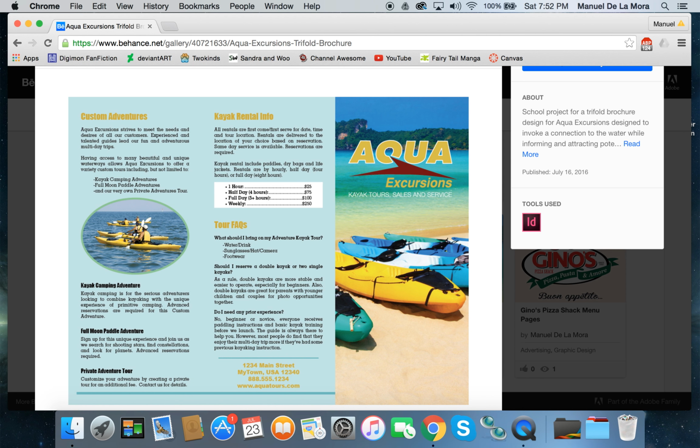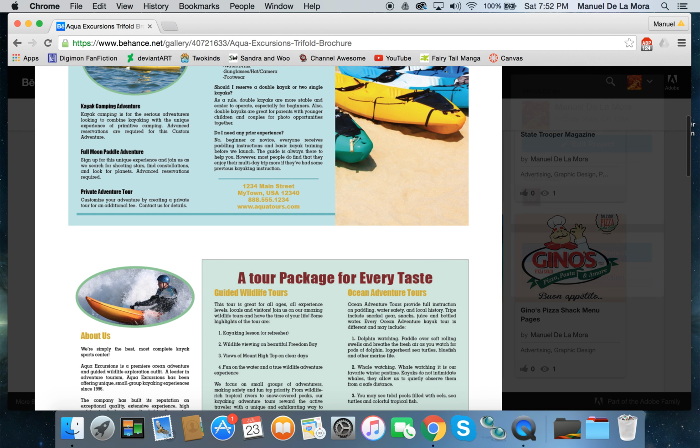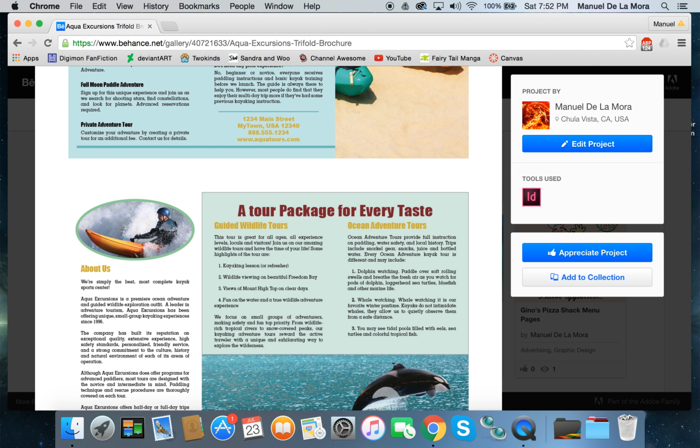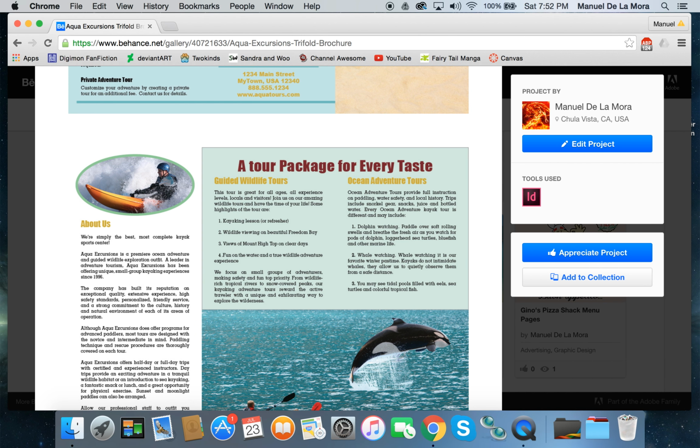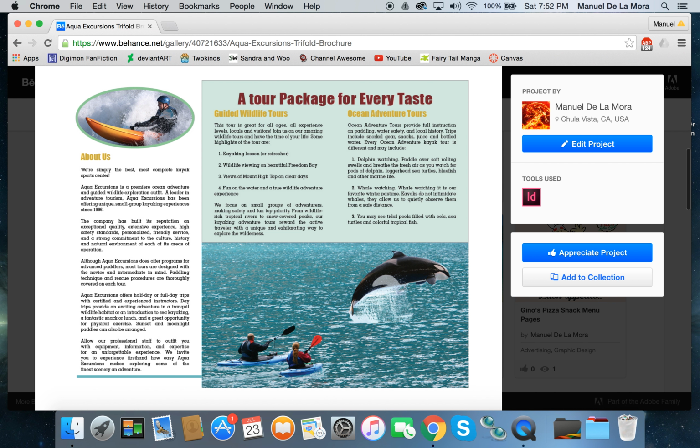Now, with that in mind, I wanted to use colors like blue, green, those that sort of have a sea-ish tone to them. But again, I didn't want it to be overwhelming, so I used a paler tinge of those colors. And I think that works out well.